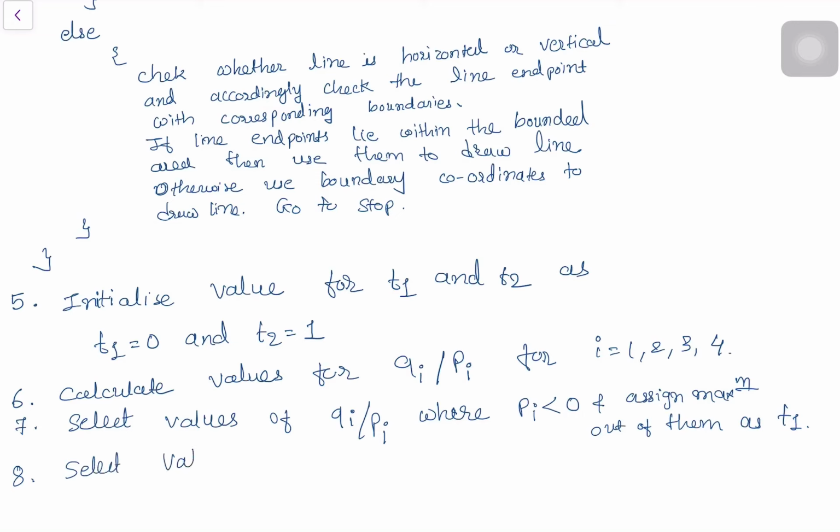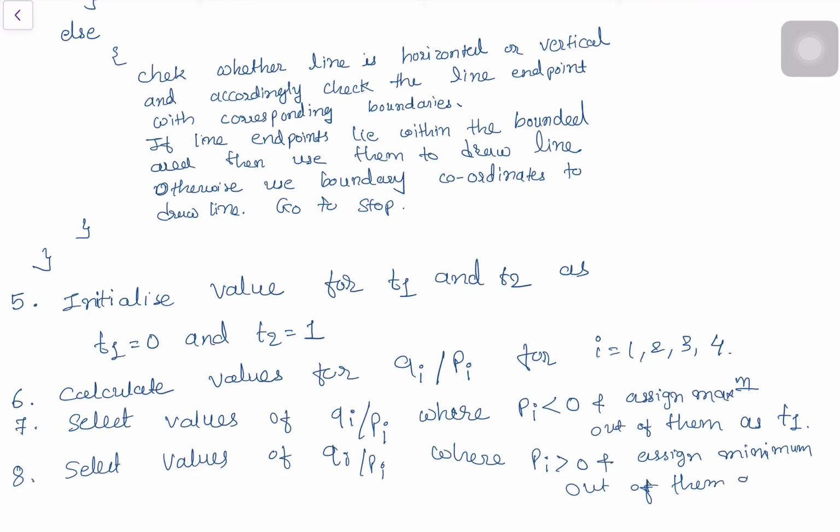And step number 8: select the values of qi divided by pi where pi is greater than 0 and assign the minimum out of them as t2.